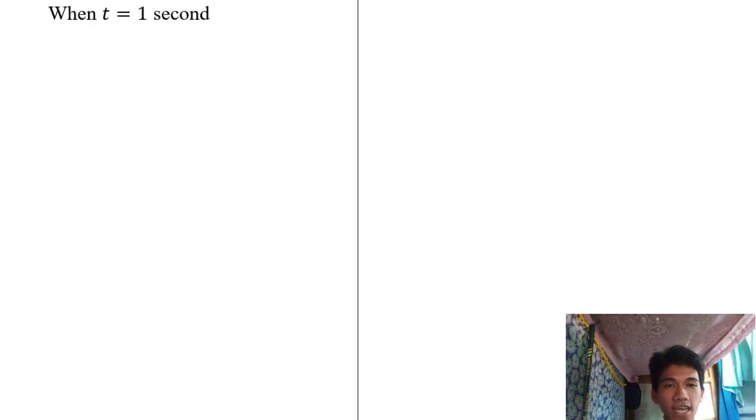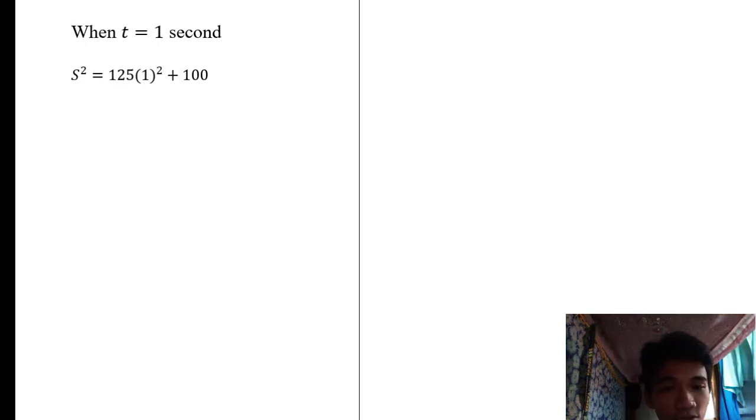So after, butangan nato kung unsa ang distance nila within a second. So ibutang na nato ang time is equal to 1 second. So i-substitute na nato ang 1 dito sa una natong na-solve, which is ang s squared equals to 125t squared plus 100.